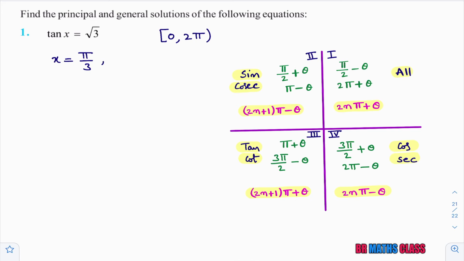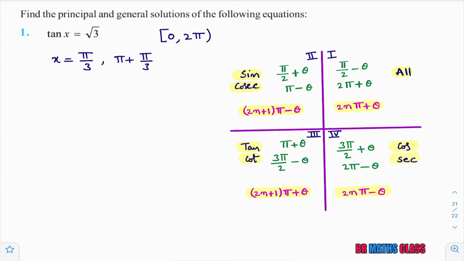So obviously, pi plus pi by 3. Definitely tan of pi plus pi by 3 will be root 3 only. If you want, you can check. So here pi plus pi by 3, that is 180 plus 60, 240 degrees, lies in the third quadrant only.